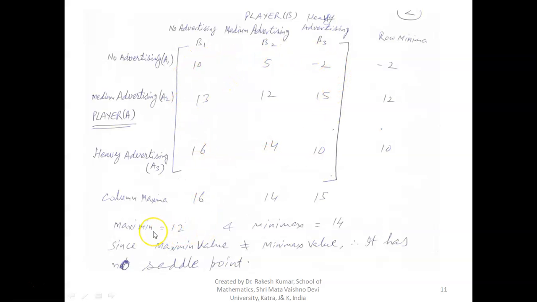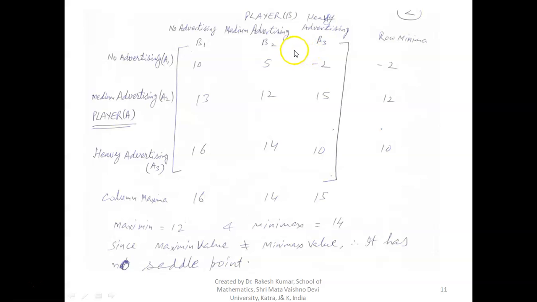If we see, maximin here is 12 and minimax value is 14. Since the maximin value is not equal to the minimax value, this game has no saddle point. So in such a case, it is a game with mixed strategies, and we will solve it with the help of mixed strategies.